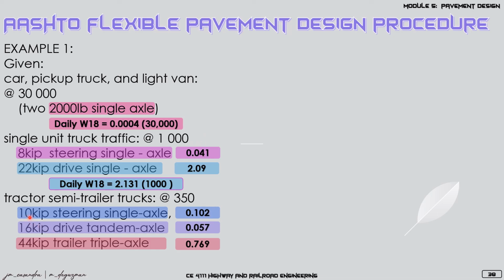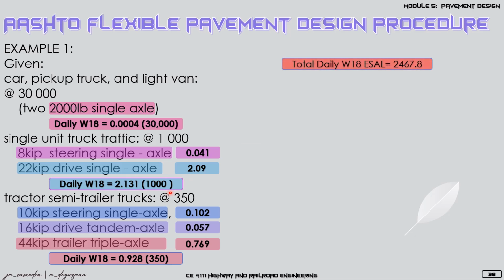And then for the semi-trailer truck, that is now 0.928, the total of it, times the traffic of 350. So from there, our total daily W18 equivalent single axle load is equal to 2467.8.